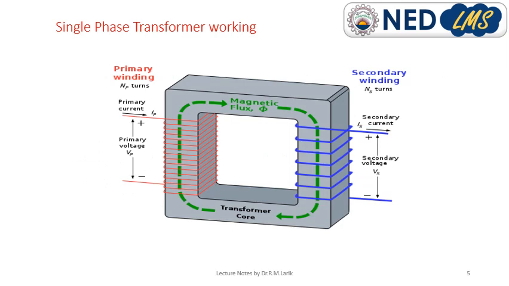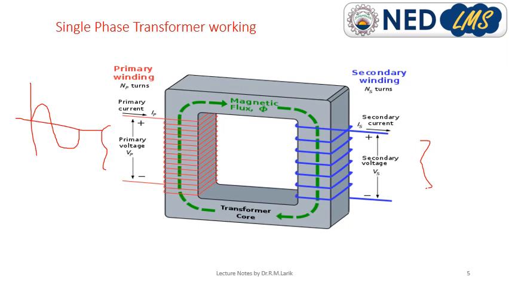Single phase transformer: in a single phase transformer we have a primary side and a secondary side. The supply is given to the primary side, and the supply is sinusoidal, that is AC supply.